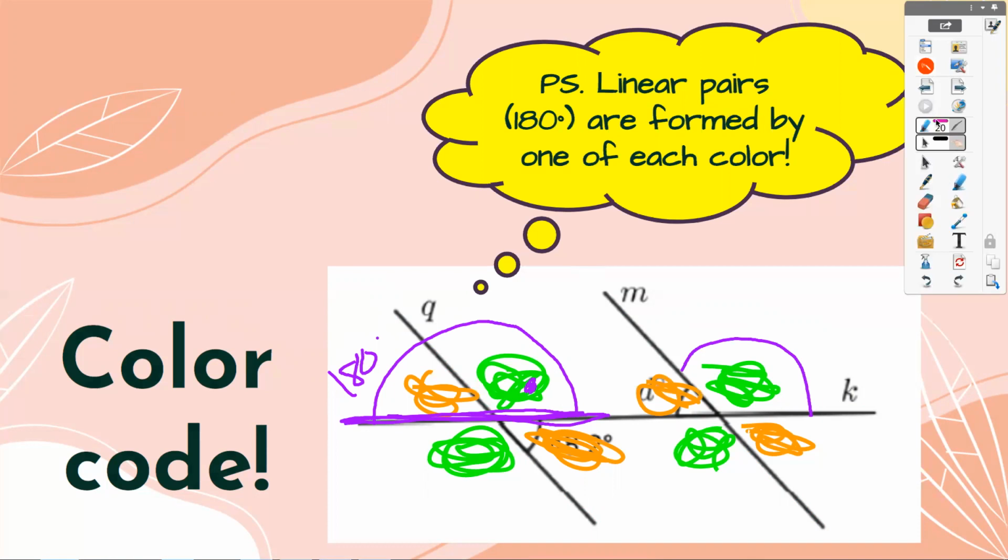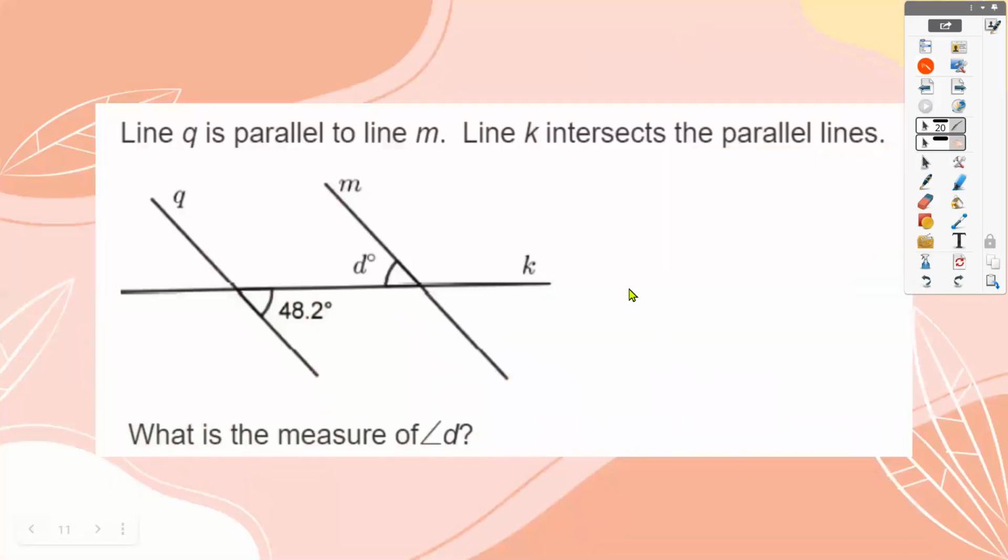So what that does is that tells me if I took this one and this one, which are colored in different colors, they're one of each, that when I add them together, I'm going to get 180 degrees. Knowing that, we need to figure out the measure of angle D, for example, here.